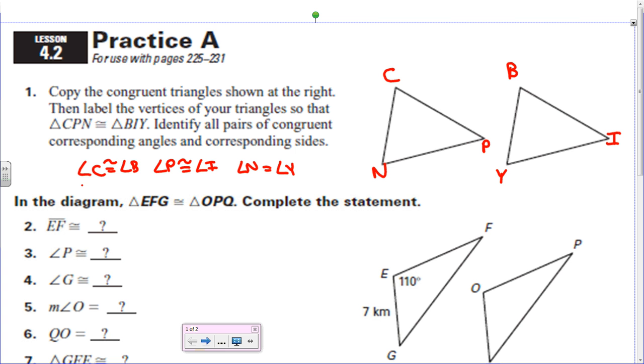So it would be CP congruent to BI, my congruent sign, PN congruent to IY, and CN congruent to BY.